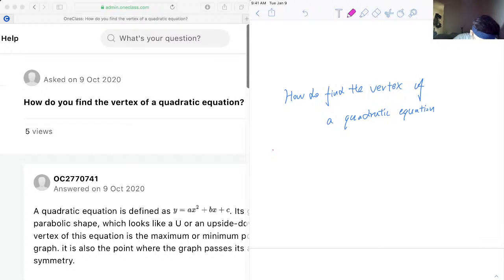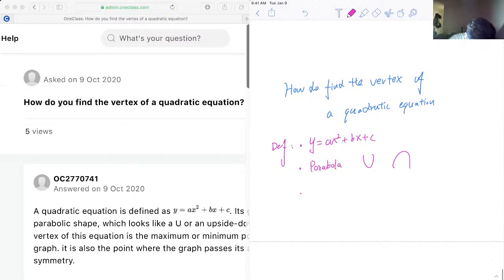So a quadratic equation is defined as y is equal to ax squared plus bx plus c. Okay, and its graph has a parabola shape, which looks like a U or an upside down U.